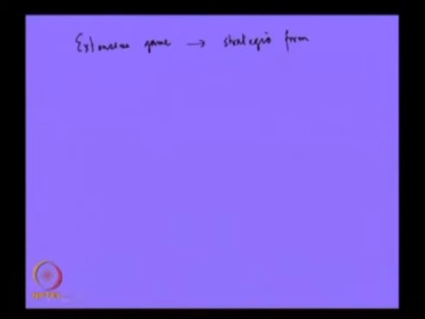Okay. So, the game, though it is an extensive game, which means that the decisions are being taken one after another, we can look at the game as if it is a strategic game, in the sense that in a strategic game we know we have to have actions. So, which are the actions in this extensive game?